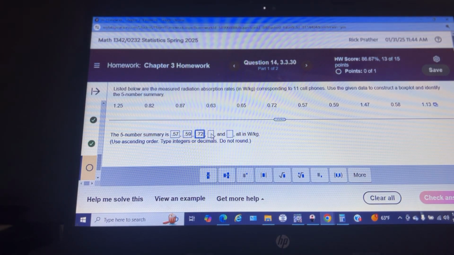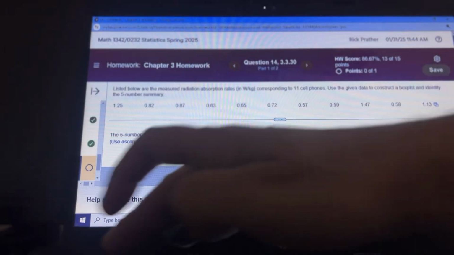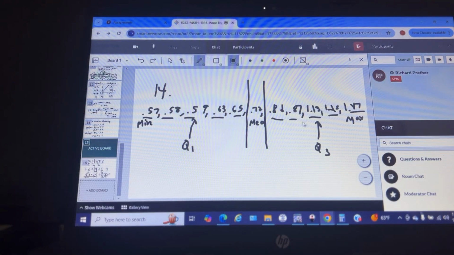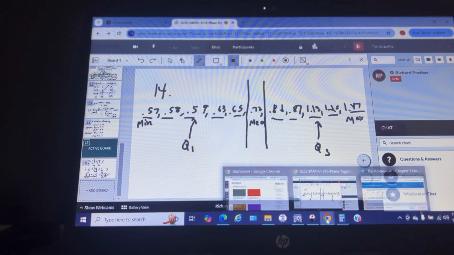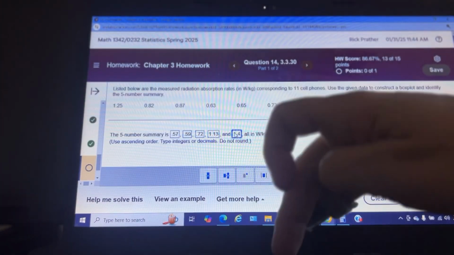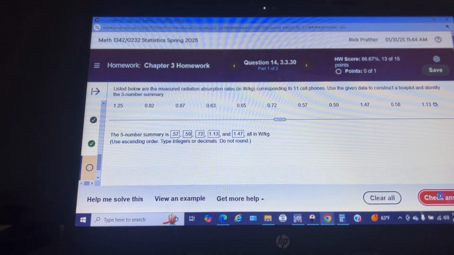The upper quartile was the 1.13, which was sitting in the middle of the 5 upper numbers, 1.13. And the maximum is 1.47. There's the 5-number summary.